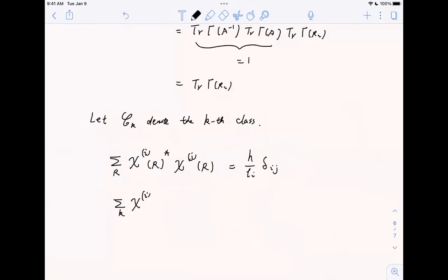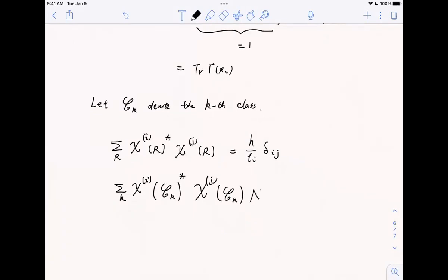Then you don't need to consider the character for each group element. You just need to consider each class. Of course, you need to multiply by the number of elements, nk, in the class.